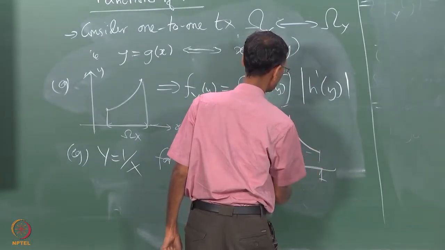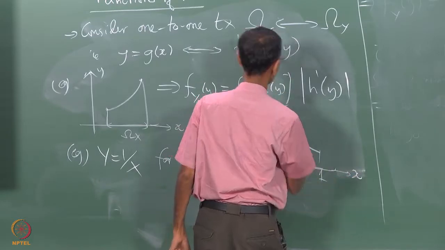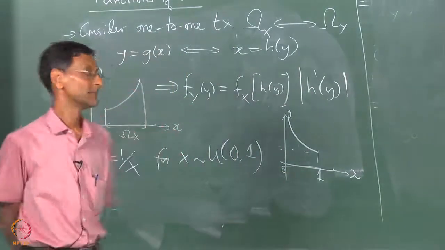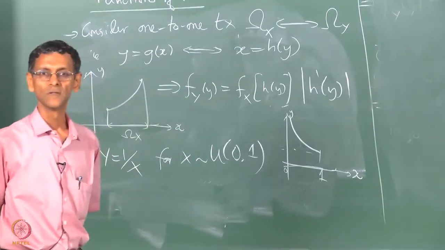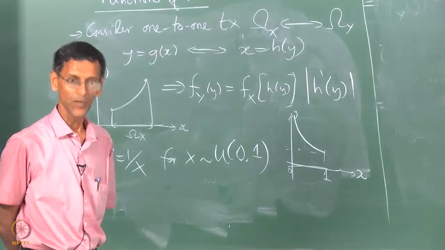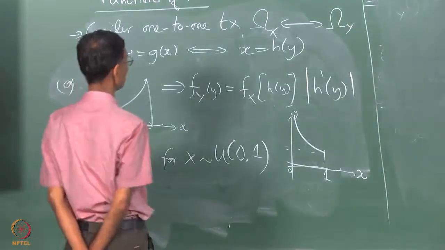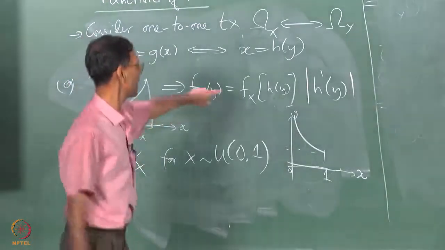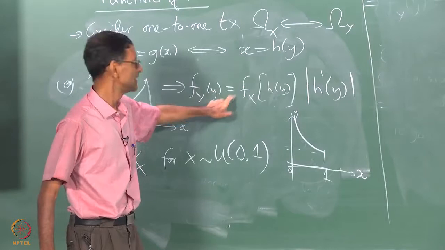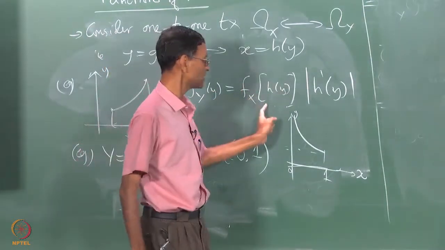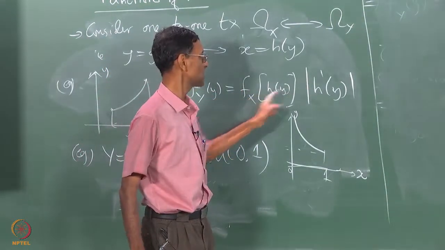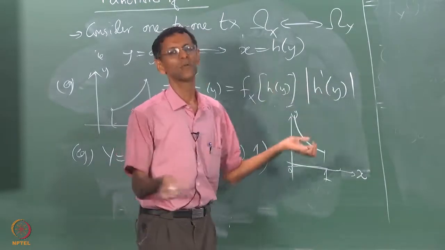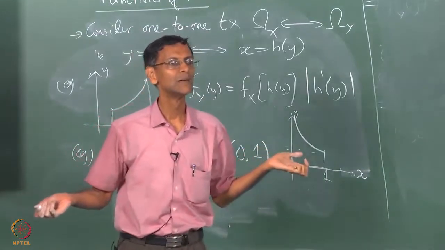I am only looking at this interval 0 to 1 now. 1 to infinity, right? Omega y is 1 to infinity. What is the PDF again? Very simple. Just what happens if you apply this formula? This is constant. I don't even have to worry about this part because f x is constant. What is this? So, the minus will go away when you take the mod.